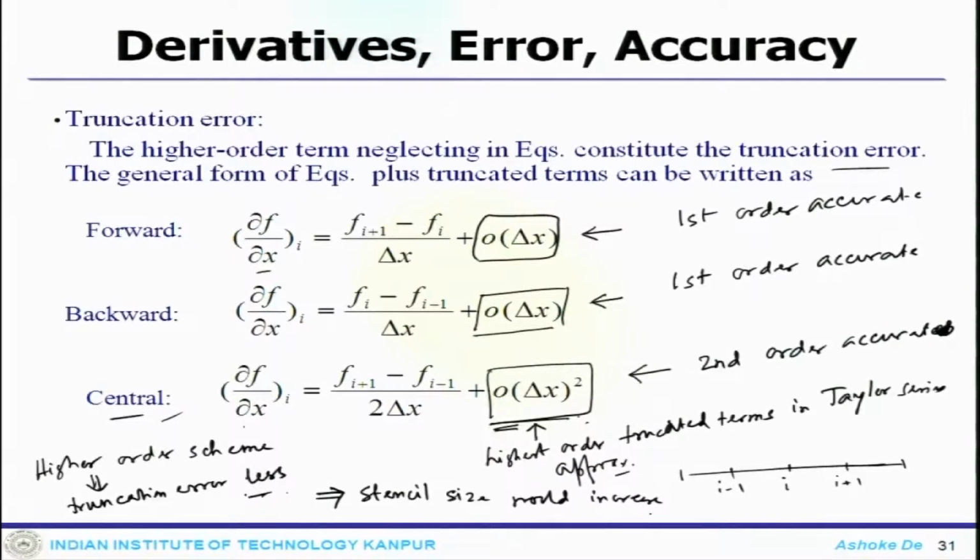If that increases, then that has a significant impact on the data structure and the programming point of view, and not only that, you will also have a lot of impact when you go down to the application of the boundary condition. When you come down to the boundary, you have more points or you have difficulties to apply that. Inside the domain you can always maintain this, but when you come down to the boundary, you have to again come down to a lower level of scheme.